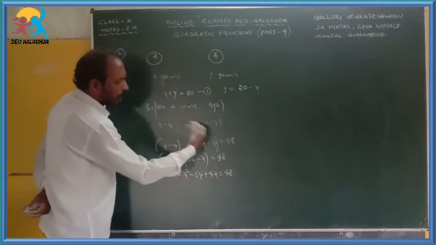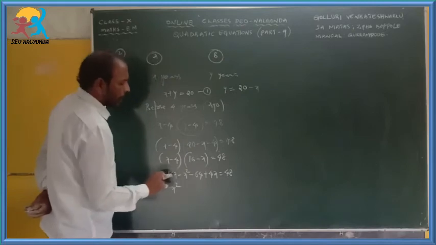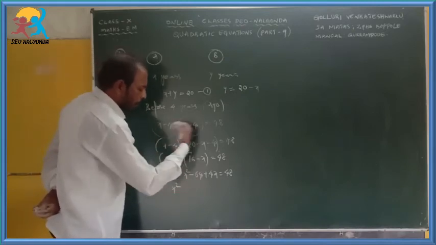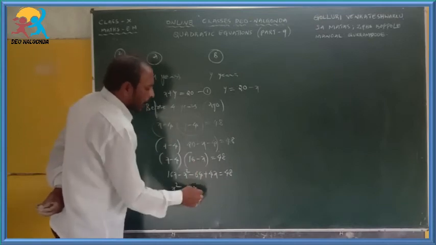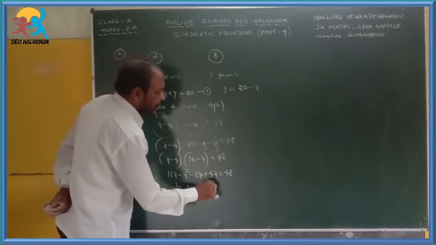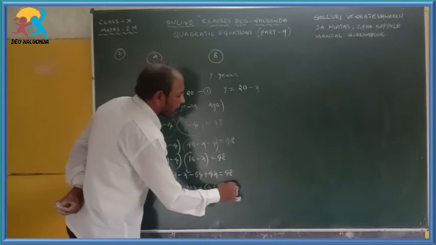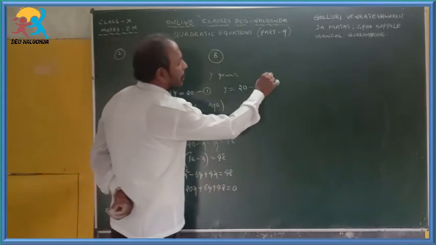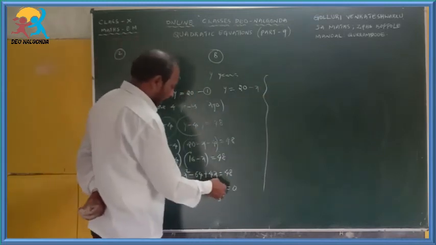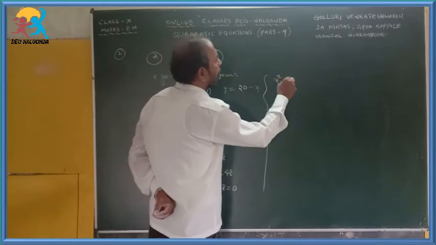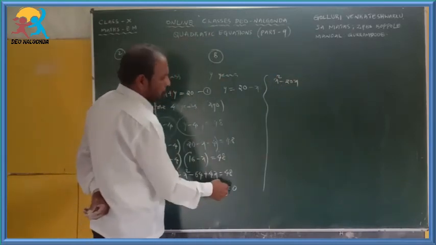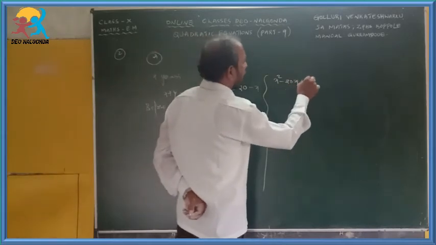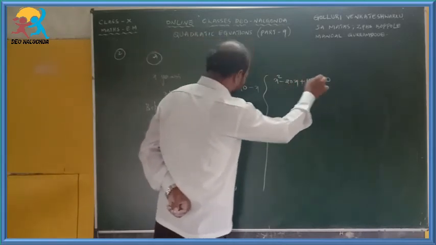Transposing, we get x square minus 20x plus 64 plus 48, that is x square minus 20x plus 112 is equal to 0.